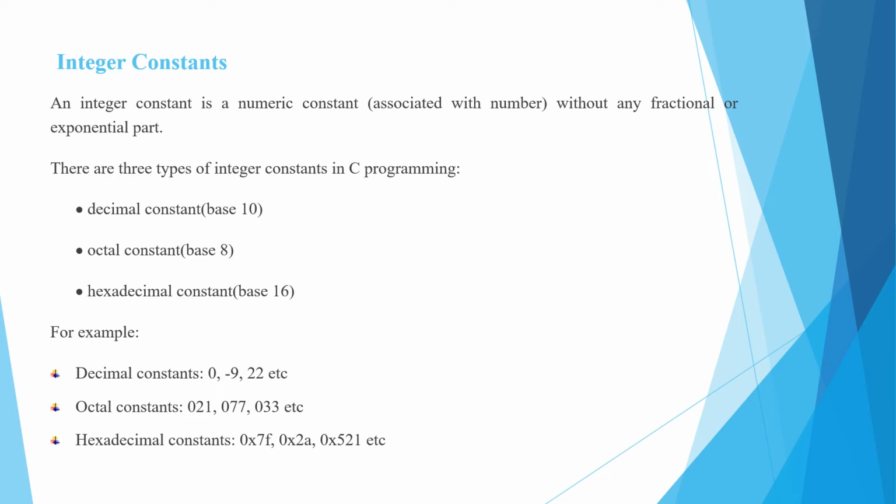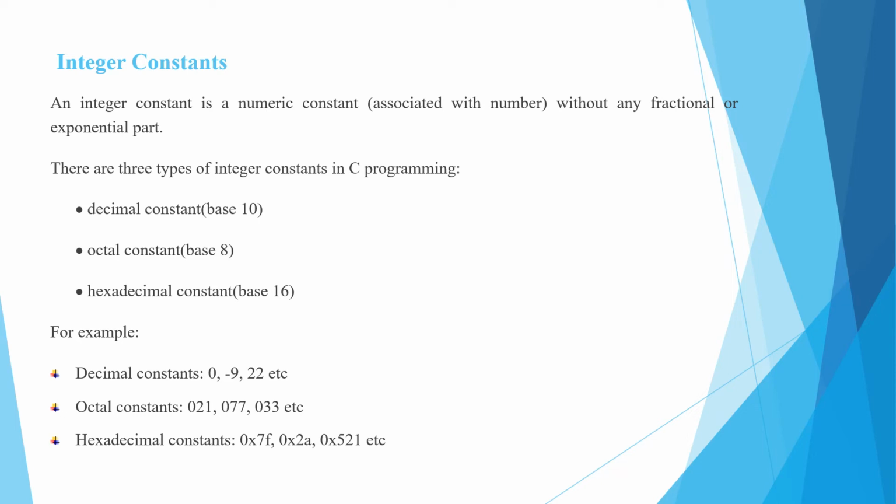For example, decimal constants are represented as 0, -9, or 22, etc., either positive or negative, without a decimal fraction.